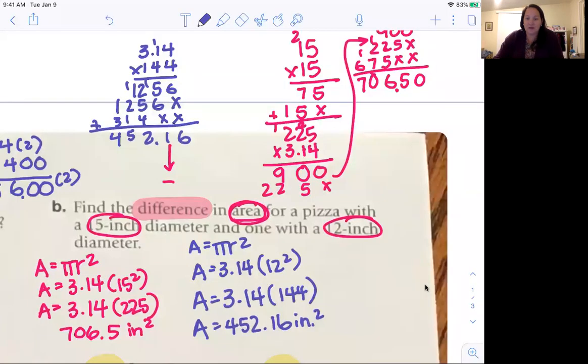Okay, guys, I made a big mistake, and I will show you what I did. See, it's very, very important that you read the directions. Silly, silly Mrs. Rossini. Okay, so big mistake that I made. Right here, it says diameter. What formula did I use? I used the radius formula.